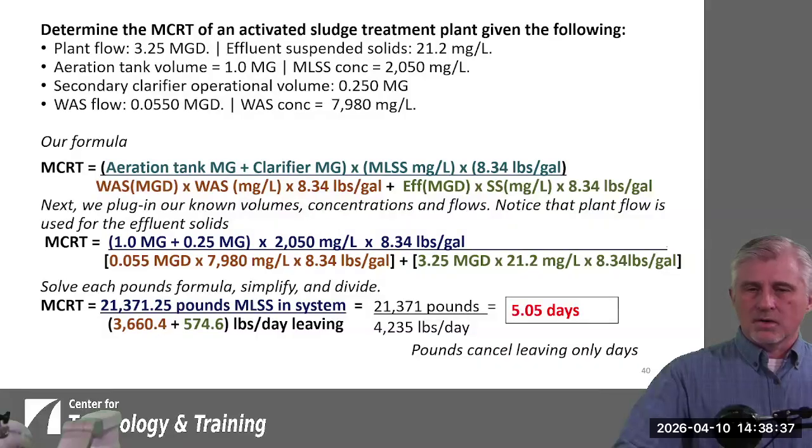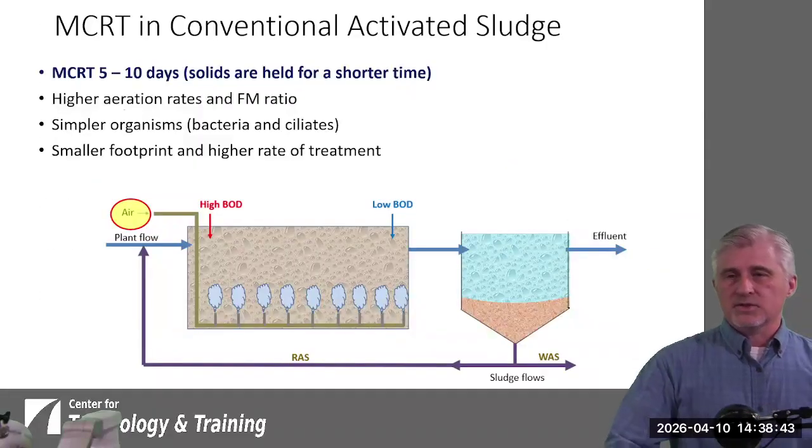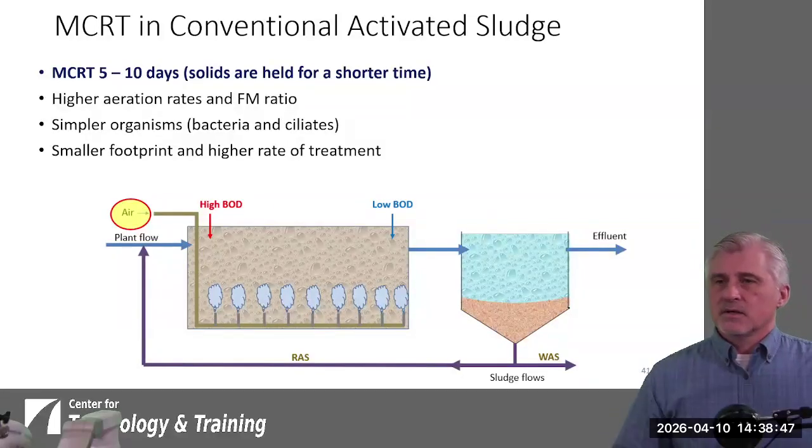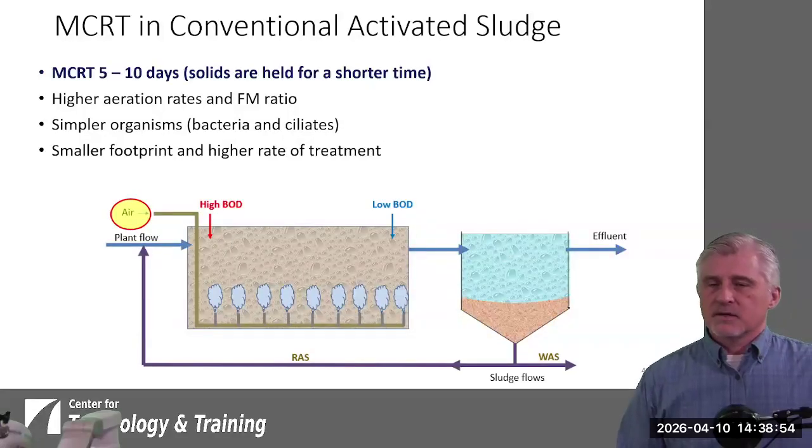All right, so now we're going to look at the mean cell residence time in conventional activated sludge. In that case, our goal is between 5 and 10 days. The solids are held for a shorter amount of time.